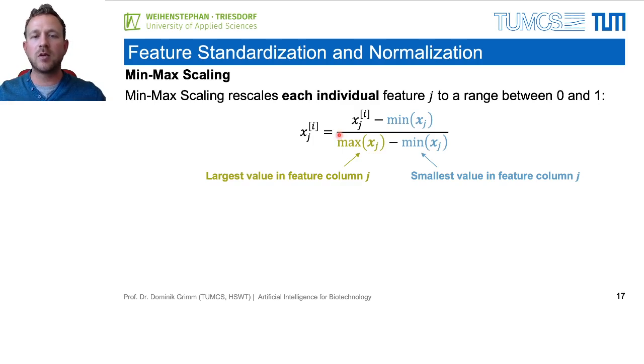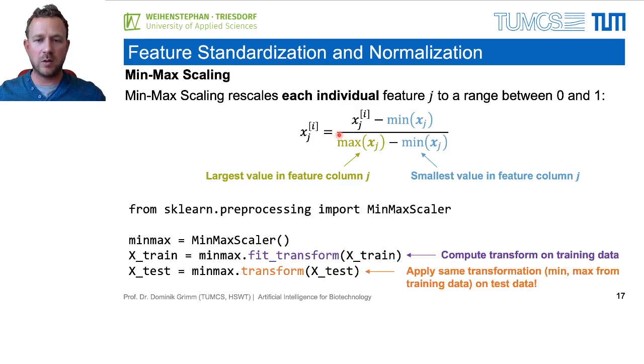And this then transforms all the values to between 0 and 1. And this can also be done in scikit-learn. It's called MinMaxScaler. So we can import the MinMaxScaler from the preprocessing package. Then we initialize the object here, and then we say, okay, our x_train is equal to minmax.fit_transform.